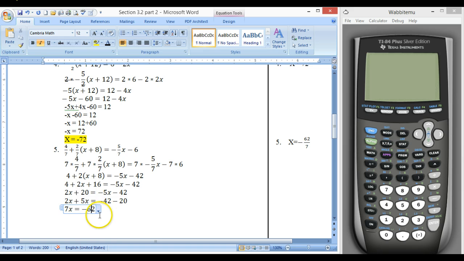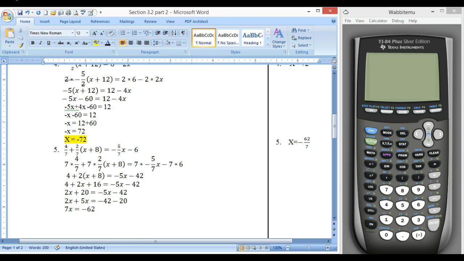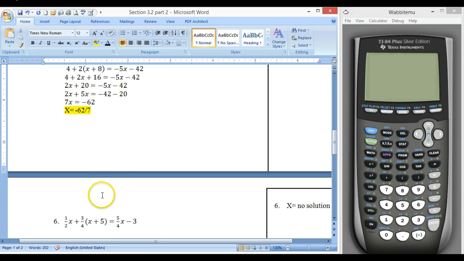And now I just need to solve for the x by isolating, actually I don't even need to copy that. We'll just do x equals, divide both sides by 7, which gives me negative 62 over 7. And highlight that because it's our answer. There we go. Let's go ahead and move to the next one.